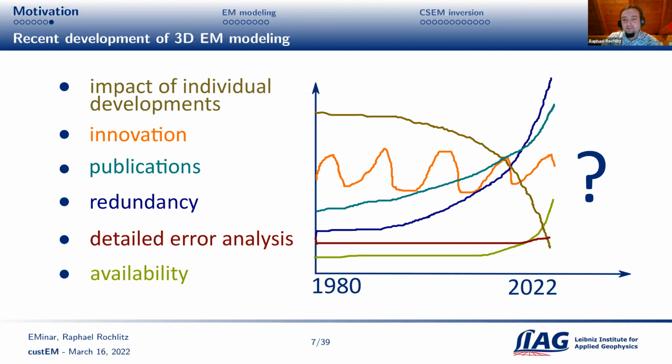And I think it makes sense that the availability, that means the number of open source developments, increases considering this behavior of our publication strategies and development strategies. So this is just my view on the most recent developments.